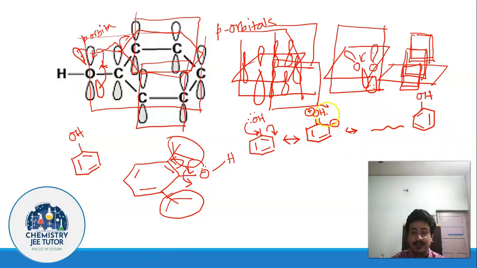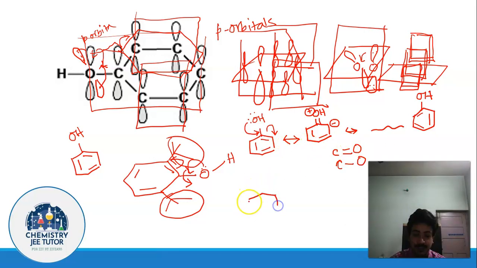There are three structures where there is a C double bond O, and there are 2 structures where there is a C single bond O. So if you take the resonant hybrid, which is represented like this, as I have shown for benzene, for phenol it is going to look somewhat like this.